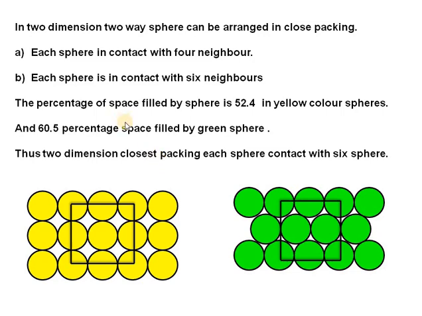The percentage of space filled by spheres for the first type is 52.4%, and for the second type it is 60.5%. Hence in two-dimensional close-packed structures, each sphere can contact six spheres, which is the most extensive packing.